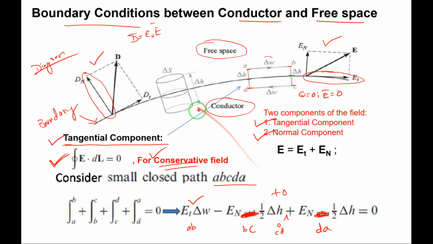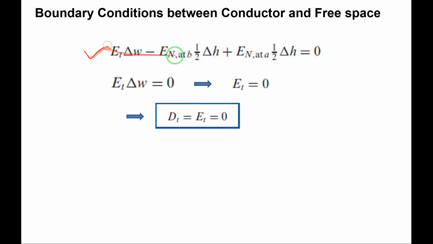Next, the same equation has been rewritten here. At B, it is not required; at A, if you want, you can write. Observe here, En into delta H by 2 and minus En into delta H by 2 will get cancelled, plus and minus. So what I am left with is Et into delta W equal to 0.